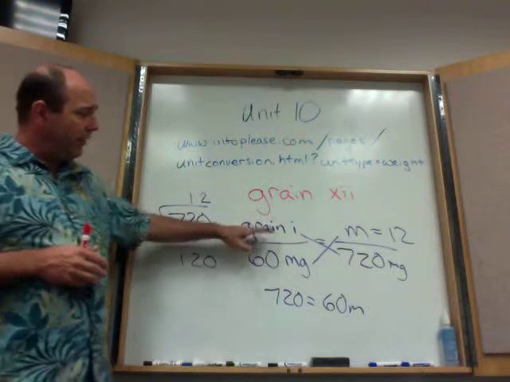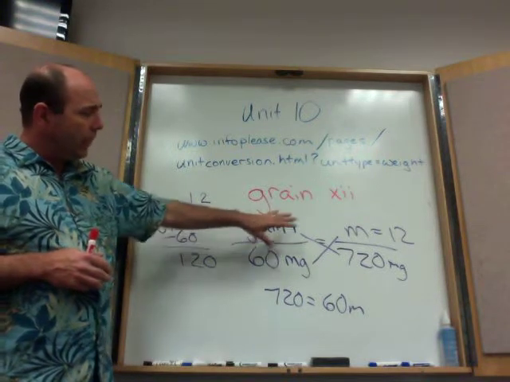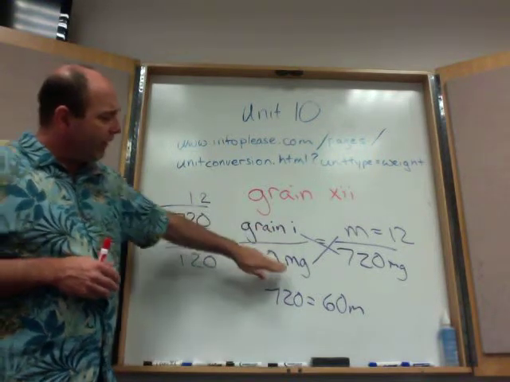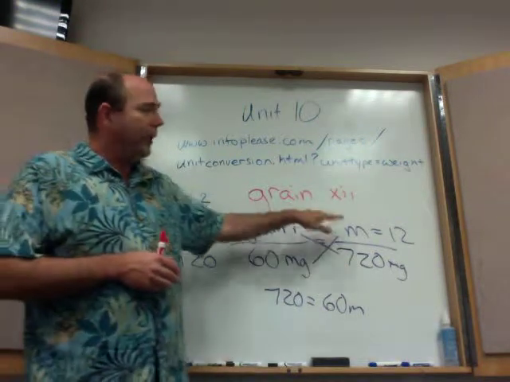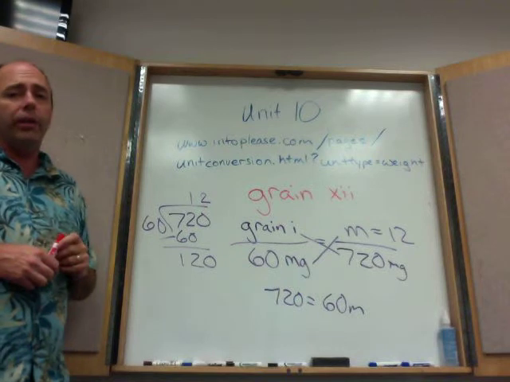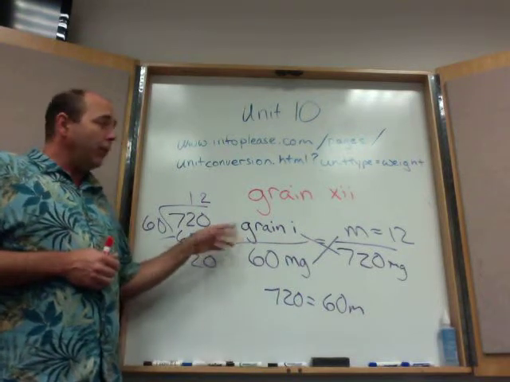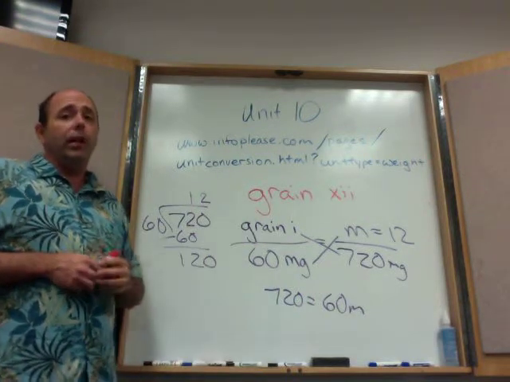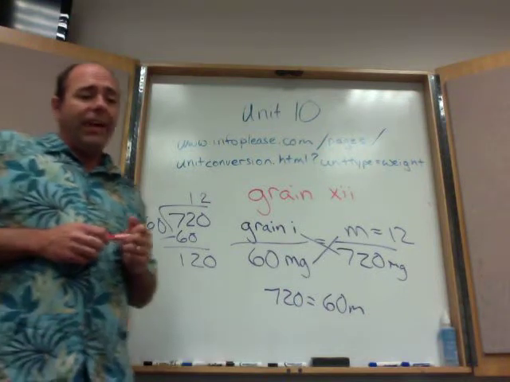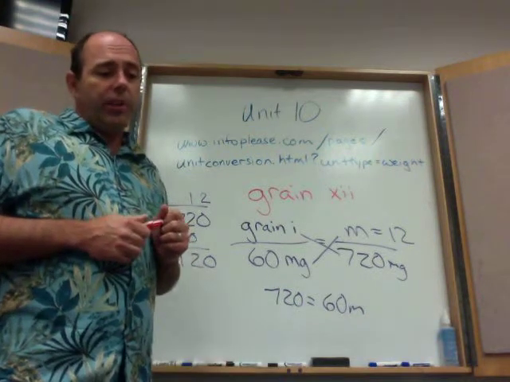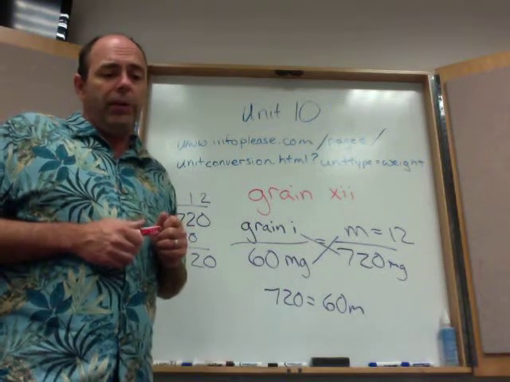Notice again, when I set up a proportion, I've got milligrams and milligrams both in the denominator, and grain and grain both in the numerator. It doesn't matter which way I do it as long as I'm consistent, and then I can cross multiply and solve. You can do that with any one of them. You could set it up with 1 fluid ounce and 2 tablespoons.